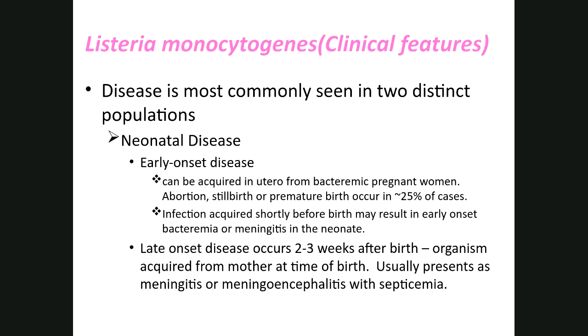Now this disease will also present with meningitis or meningoencephalitis with septicemia. So if there is sepsis, then it is most likely it will come after 2 to 3 weeks, or if it is just plain meningitis, then mostly it could be from the mother.